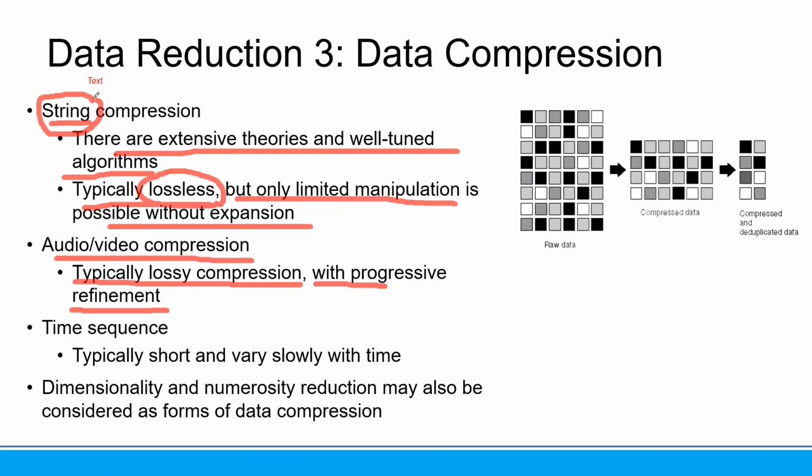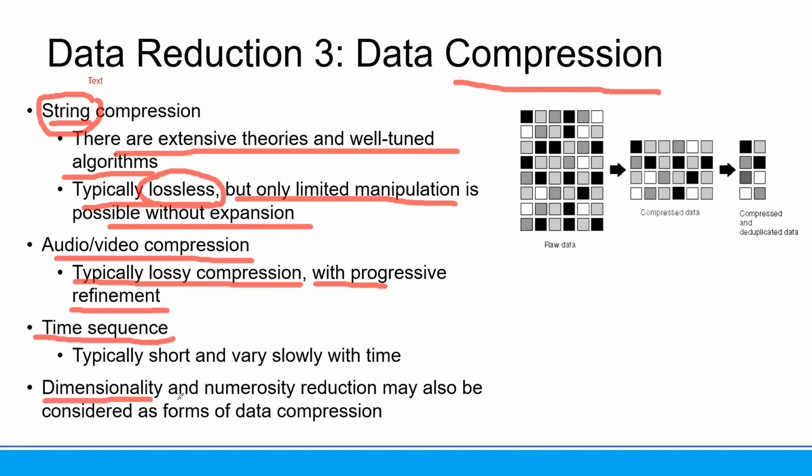So you can compress. Because this is the compression. And we can also do compression in time sequence. If we have data in time that is very long, we can make it a short time. So we can say this is also a kind of compression.